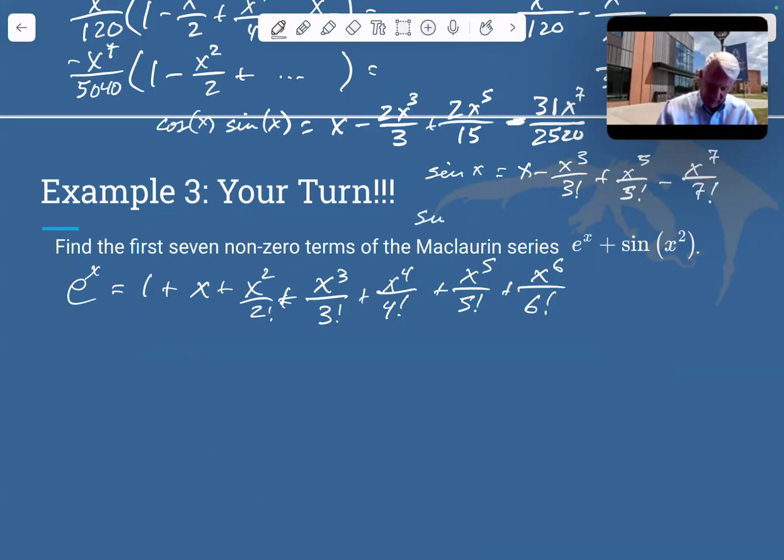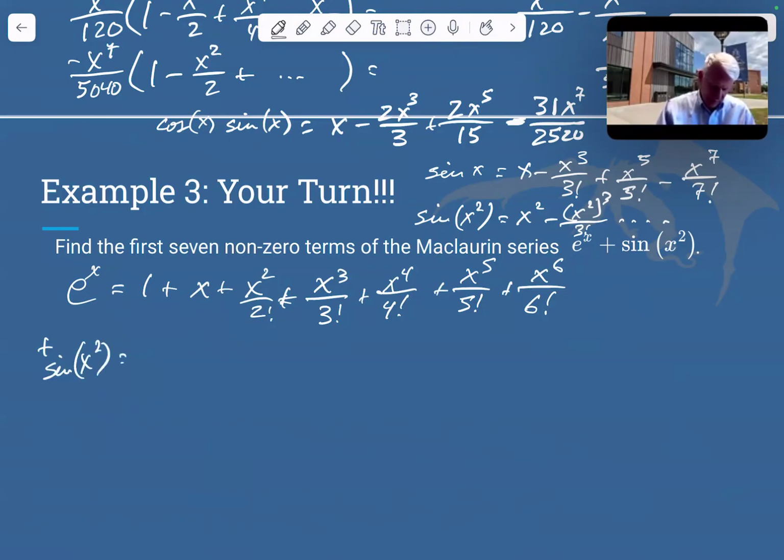So if I have sine of x squared, this is going to be x squared minus x squared to the third power divided by 3 factorial, and so on. So what I'm doing is adding to this a sine of x squared.